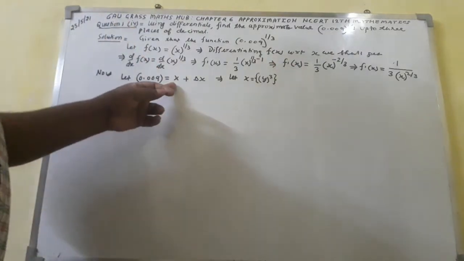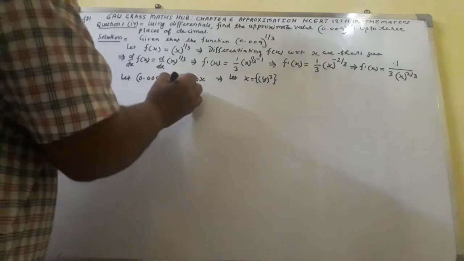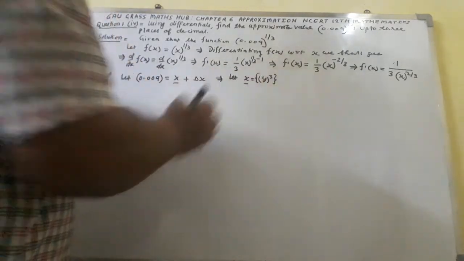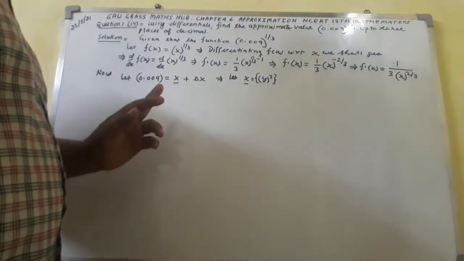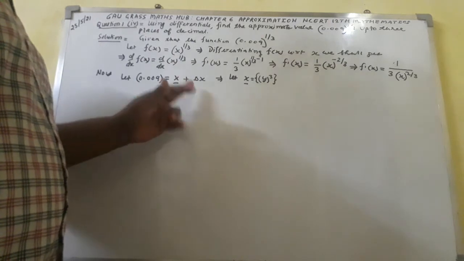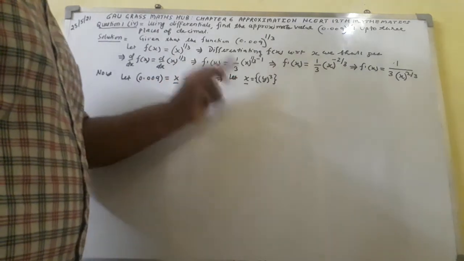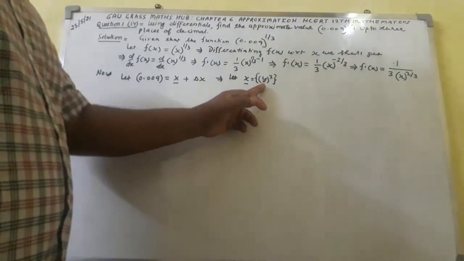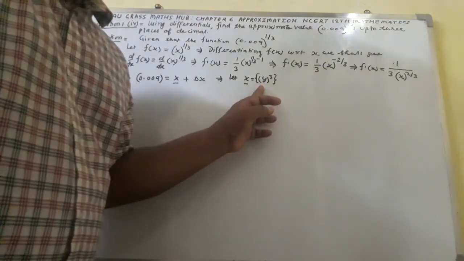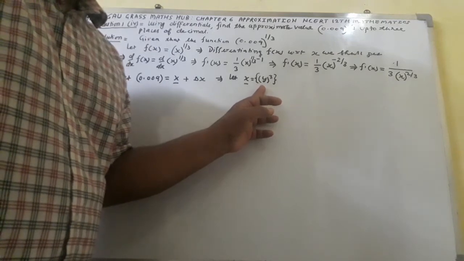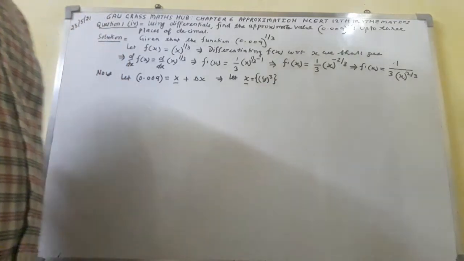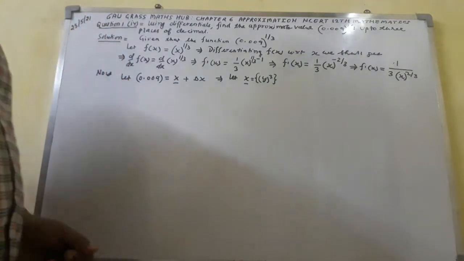Only the first part. Here x is there, write here x. Only take the first part. Don't think about the second part. The first part I have taken here, x equal to y, and the value of y we have to assume, determine in the rough work.